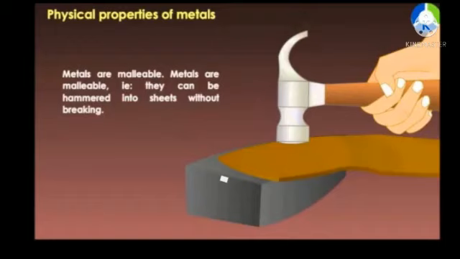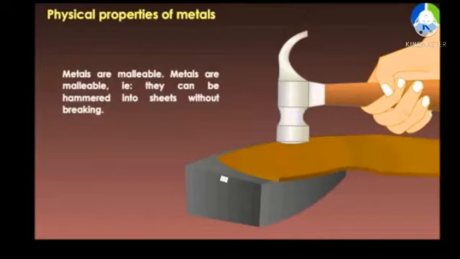Malleable. Iron, isn't it? Aluminum, etc. These metals we can beat with the hammer and make into very thin sheets without cracking. But except the metals zinc and mercury, you cannot see this property in them. Remaining all the elements, nearly 80 percent, all the metals are malleable.